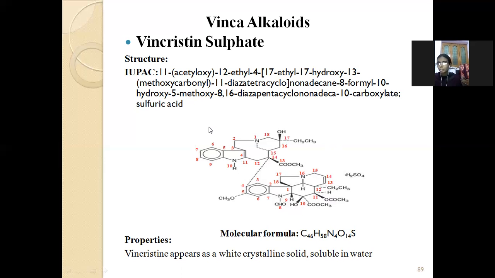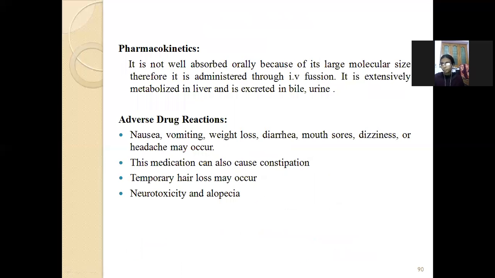This is the structure and IUPAC name of Vincristine sulfate. Properties: it appears as a white crystalline solid and is easily soluble in water. Pharmacokinetics: it is not well absorbed through the oral route because of its large molecular size, so it is given through intravenous infusion. We should avoid the oral route.